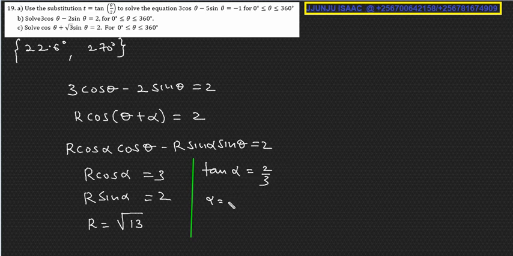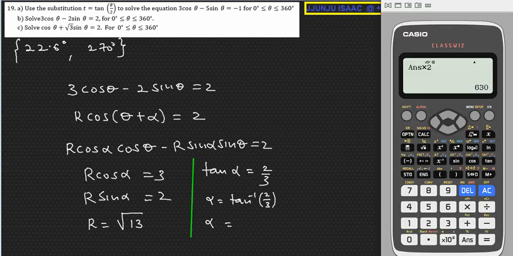So alpha will be equal to the tan inverse of 2 by 3. Let us see from the calculator here, the tan inverse of 2 by 3, we get 33.7.